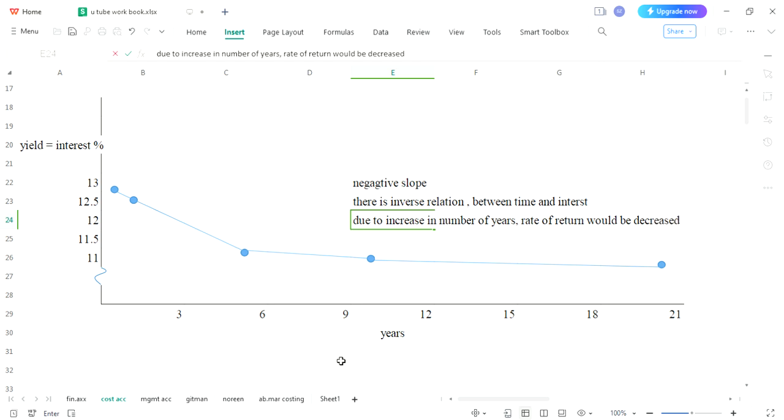But it's not necessary that you can make this a universal principle. Just for this question, we have understood that as your years are increasing, your rate of interest is being dropped. Due to the increase in the number of years, the rate of return would be decreased. It is called an inverse relationship. So finally, the description is also completed.